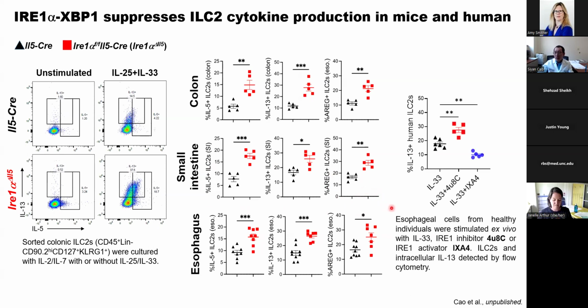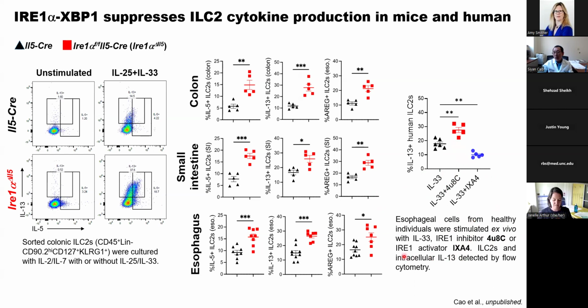I also collected esophageal biopsies from healthy individuals who came in for EGD, purified the ILC2s from the biopsies, and stimulated those cells with IL-33. Here you can see that co-treatment with the IRE1 alpha inhibitor 4U8C upregulated expression of IL-13.